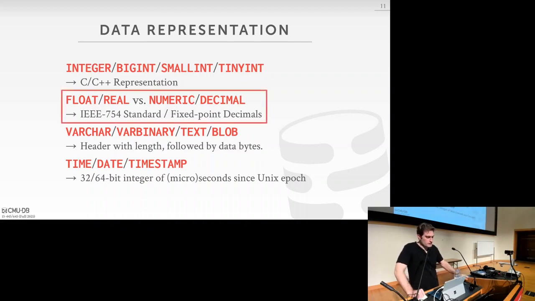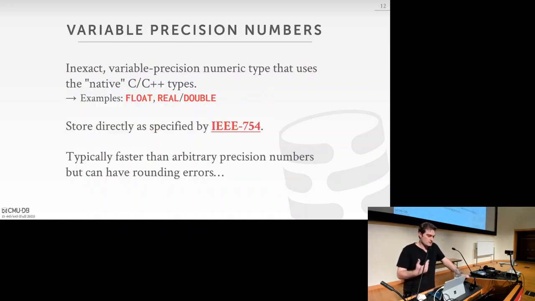So kind of the trickiest one I mentioned is floating point values or numeric values. These are arbitrary precision numbers, and they're the most difficult to deal with. So we're going to talk about some specialized ways that systems tackle them.